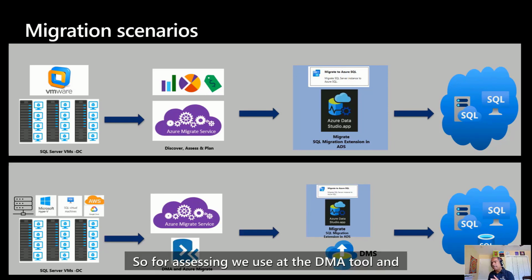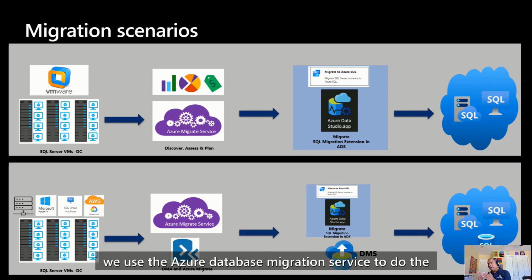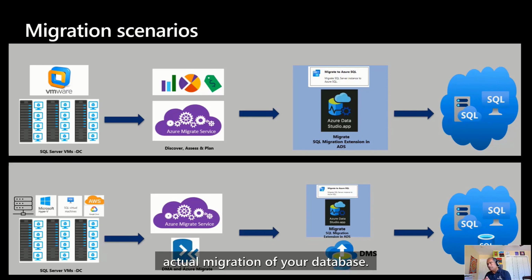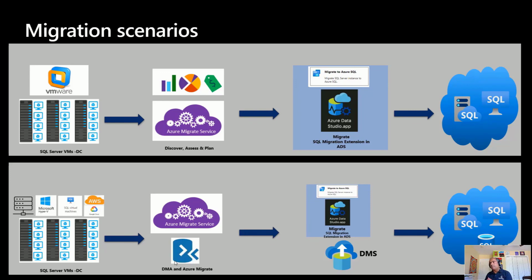For assessing, we use the DMA tool and we upload that information to the Azure Migrate service, right? And then we got the summary view there. And then we use the Azure Database Migration Service to do the actual migration of your database. So that's how this experience is going to look like to begin with.